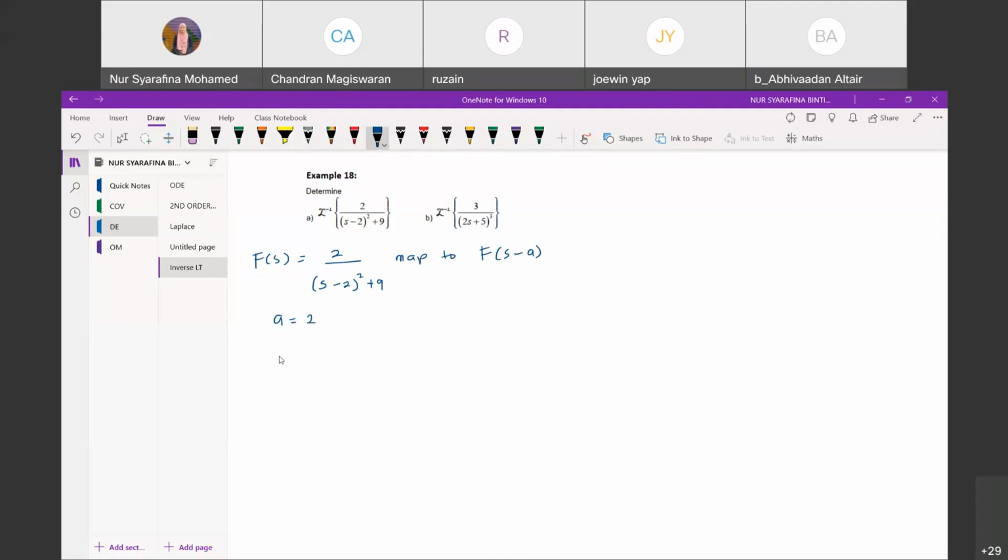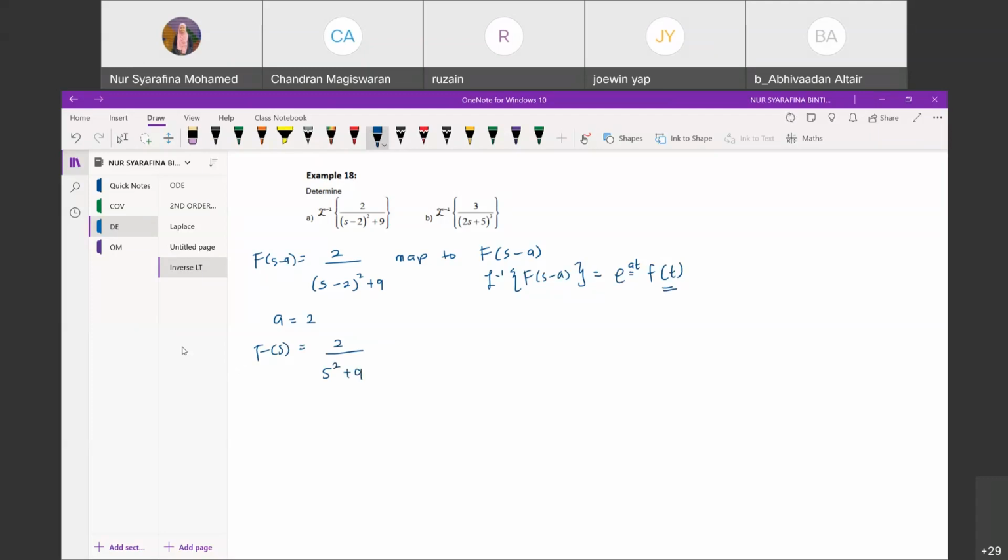This F(s) is mapped to F(s minus a), where when you inverse transform F(s minus a), you have e to the power of at times f(t). So what you need here is a and f(t). So a is 2, and then F(s) equals 2 over s squared plus 9.